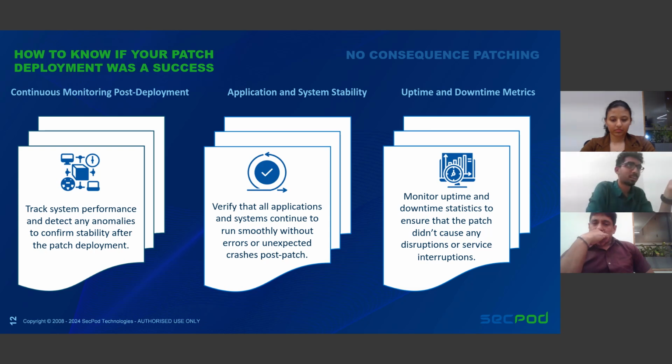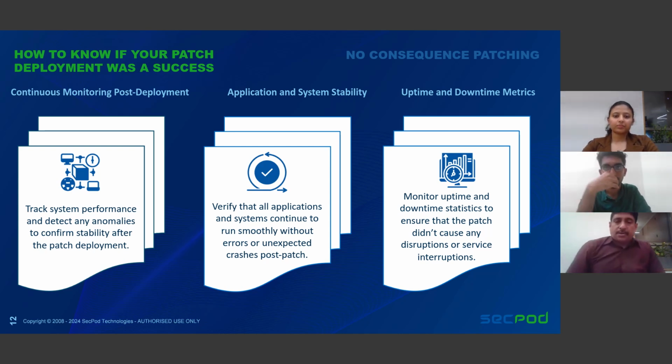The real backbone here that I'd like to talk about, when you're ensuring the successful nature of patch deployment, is continuous monitoring. Just because a patch is deployed doesn't mean our job is done. It doesn't mean we can take a step back. We need to keep an eye on these systems to make sure that they are behaving as intended after the deployment of the patch. Correct.